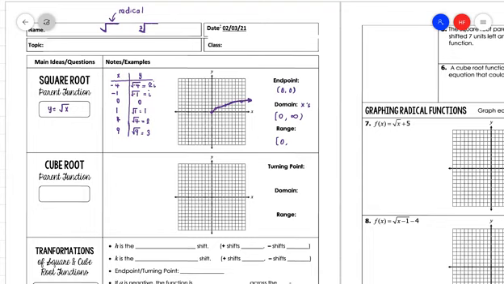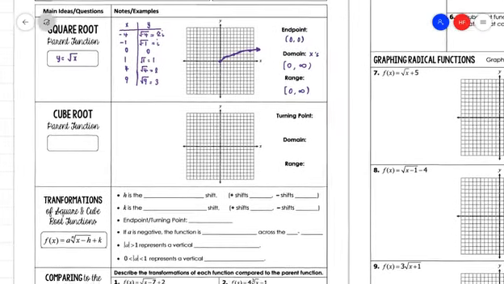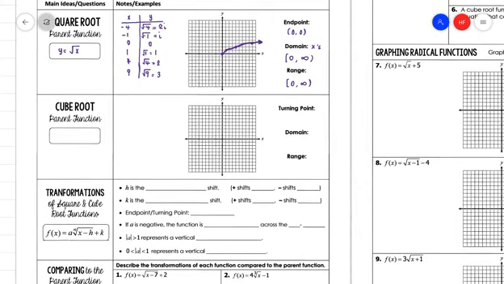And so I'm going up incrementally by 1, but on the x's, they are going to spread out a lot. But my y's will continue going up, so they will head toward infinity as well. It's just going to be a very slow rise on the y-axis. So I've got my domain, my range, and my endpoint for the square root parent function.